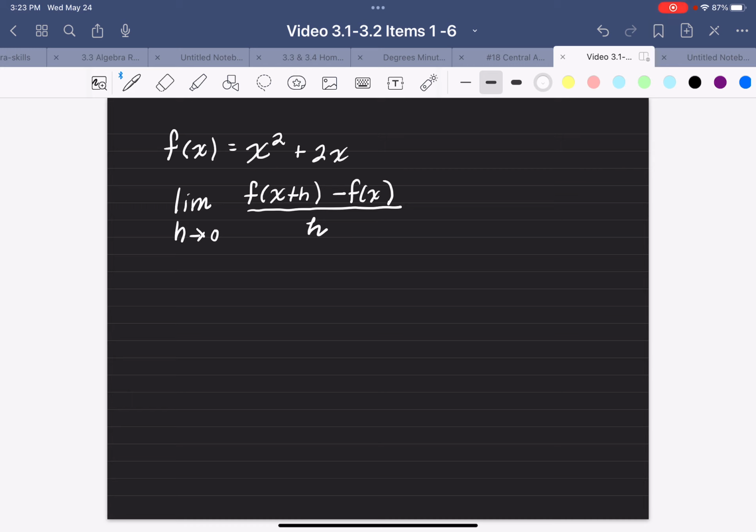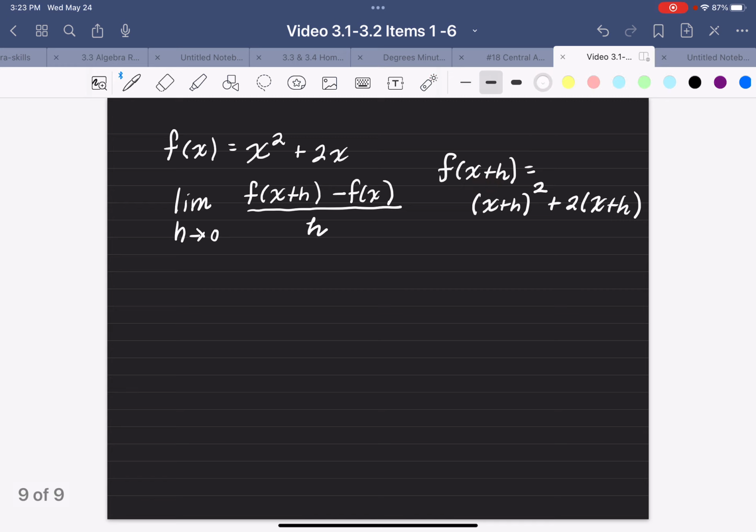The first thing I have to do is find f of x plus h. So instead of the x's in this function, I'm going to substitute x plus h squared plus 2 times x plus h. So I've substituted the expression x plus h in for x.